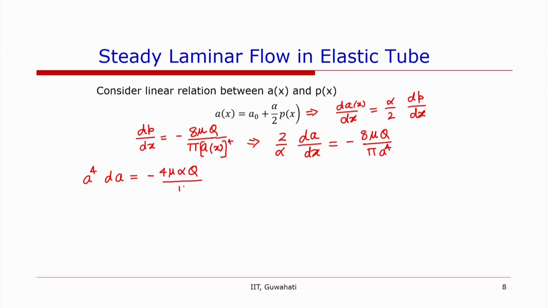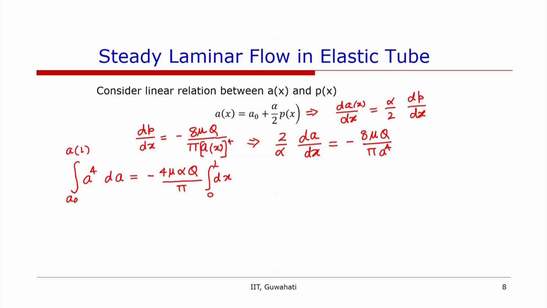So, that 2 has already been taken care of, divided by pi and dx. Okay. So, let us now integrate it from 0 to L. All these terms are constant, so we can take them out of the integral sign, and this is from 0 to L, and this is from A0 to AL.